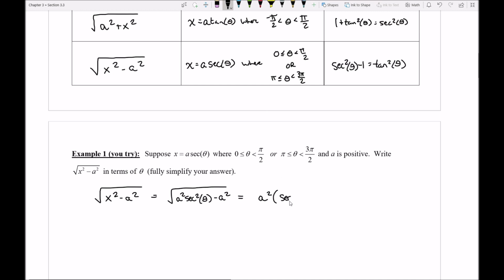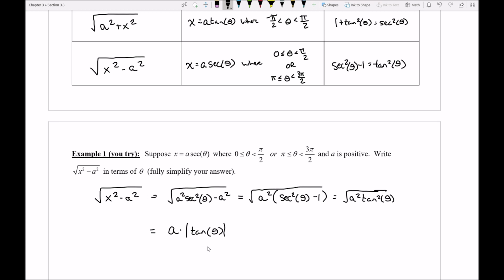That should be secant squared of theta minus 1. Of course, secant squared minus 1, we see up above, is the same thing as tangent squared. When I simplify this down, that's going to create a times the absolute value of the tangent.